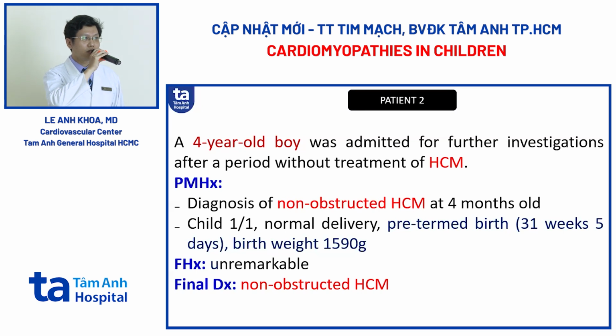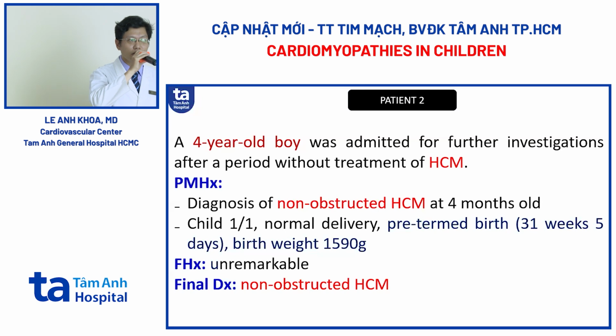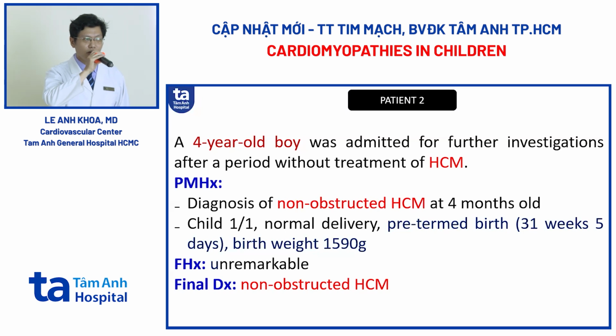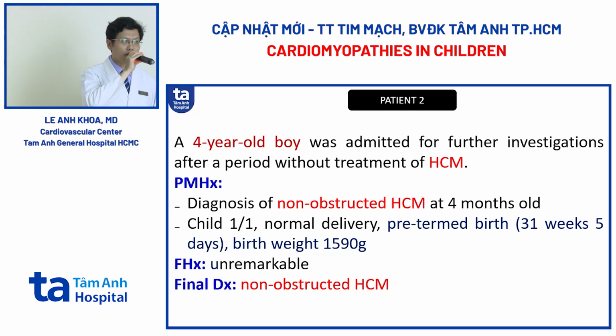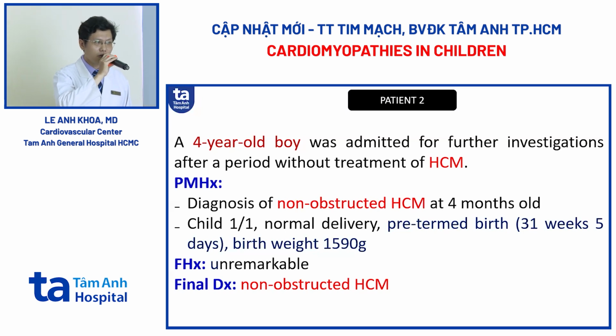He was diagnosed with non-obstructive HCM at 4 months old. He was the first child, normal delivery, preterm birth at 31 weeks and 5 days, with a birth weight of about 1,500 grams. The family history was unremarkable, and the final diagnosis is non-obstructive HCM.